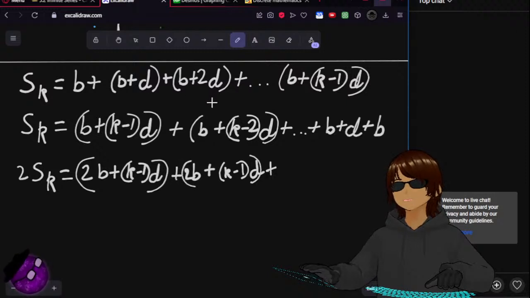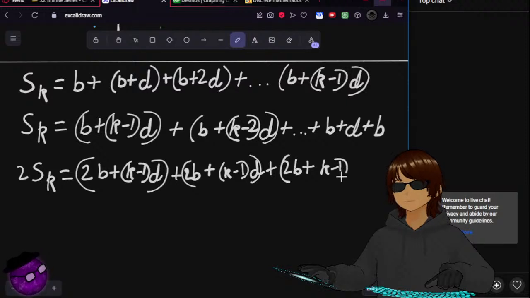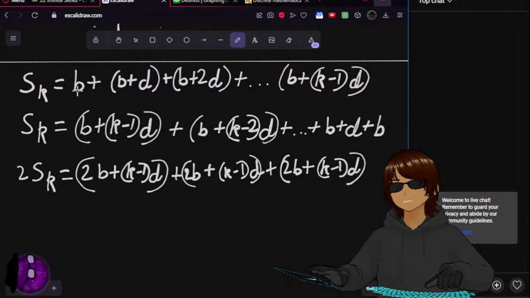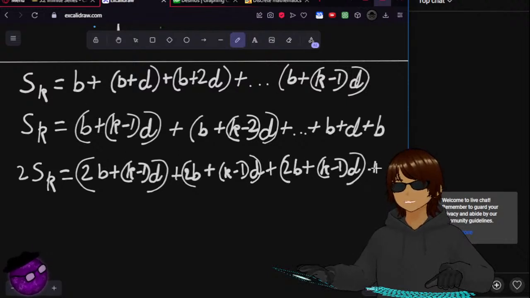And then the third term plus the third last term gives 2b plus 2d plus k minus 3 d. If you add them, you get 2b plus k minus 1 d. Since there are k terms like this, all of this will repeat k times.